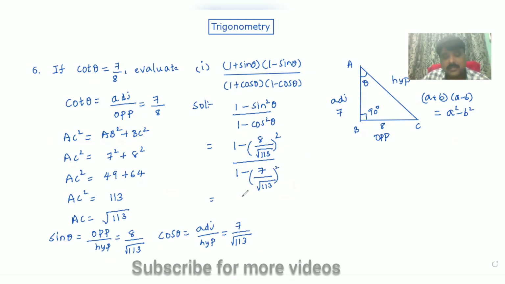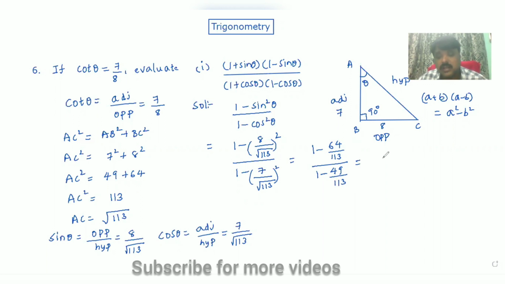That can be written as 1 minus 8 square, it is 64 by 113, over 1 minus 7 square, it is 49 by square root of 113 whole square, it is 113 again.